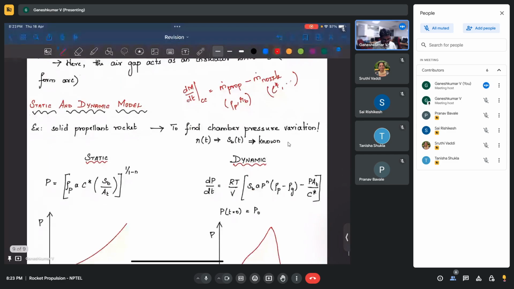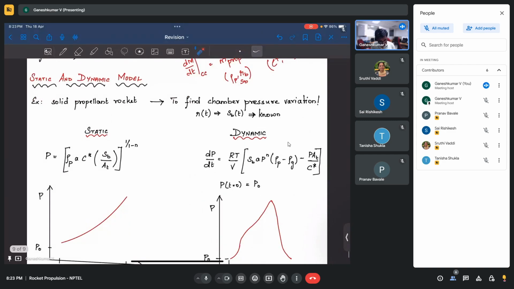So if you substitute these rb and sb, you will get this pressure equation, and you can see that pressure is a function of time. And let's say you solve this equation. You can actually solve it analytically, but you have this pressure p power n dependence here, and also a p dependence here, and in addition you need to have an initial condition.